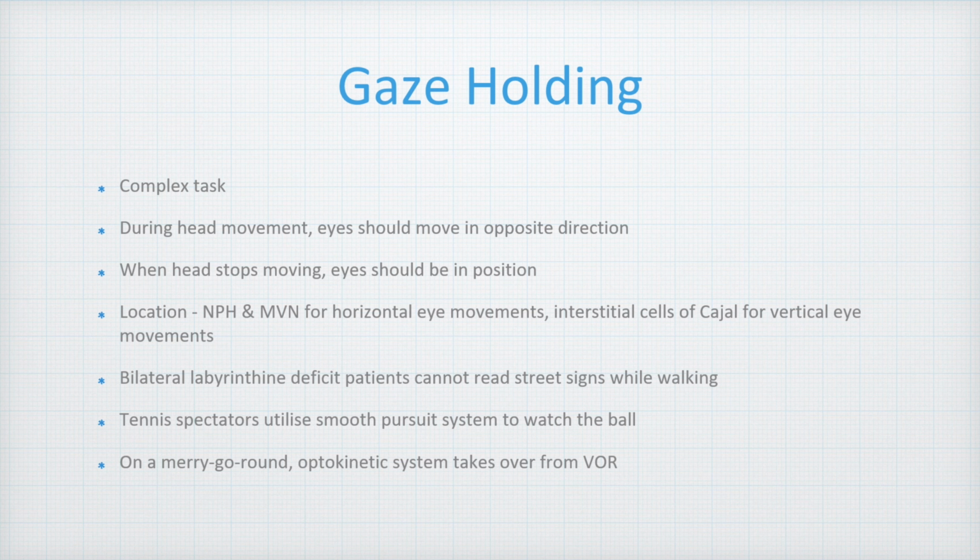It's not like the normal side can compensate for the other side, which happens otherwise. Sometimes compensation also happens from the vestibular nuclei in the brain. But if there is a bilateral peripheral vestibular problem, that is bilateral labyrinthine deficit, how does this person eventually walk in a balanced manner? This is because of the role played by the visual cues and the cues that we get from proprioception as well.